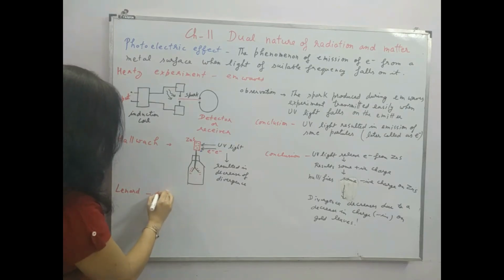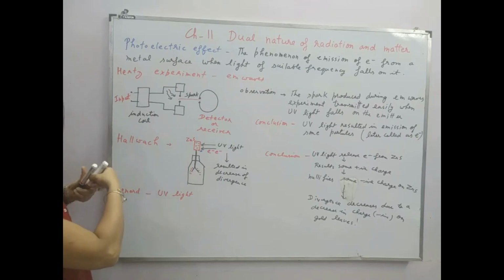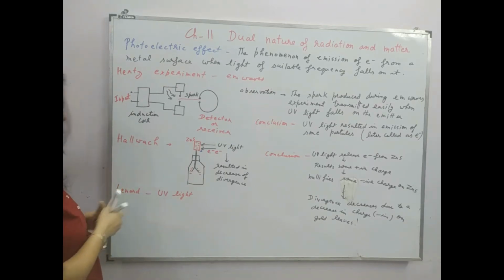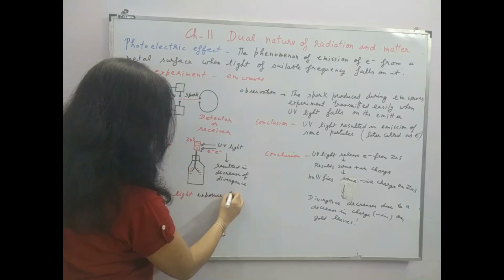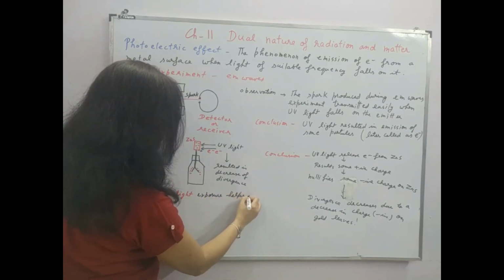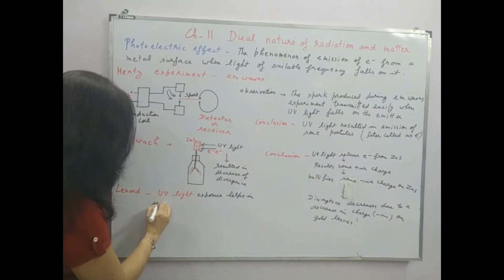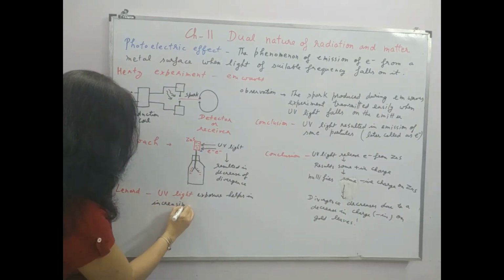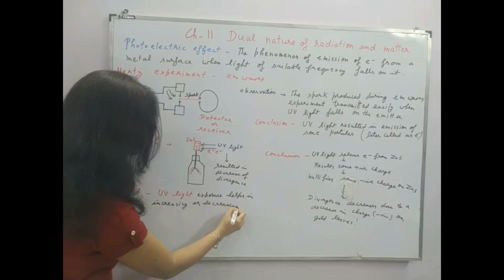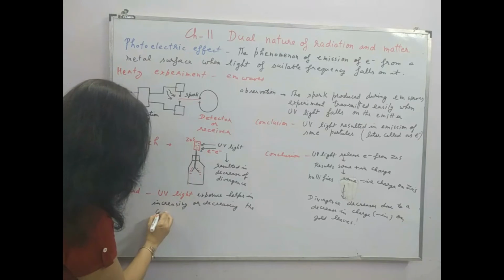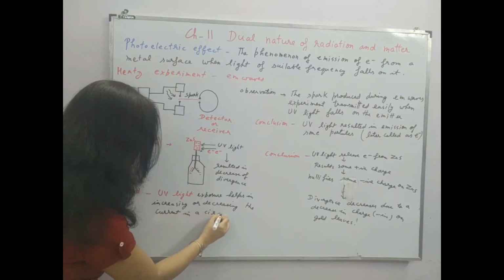He also said that UV light exposure helps in increasing or decreasing the current in a circuit.